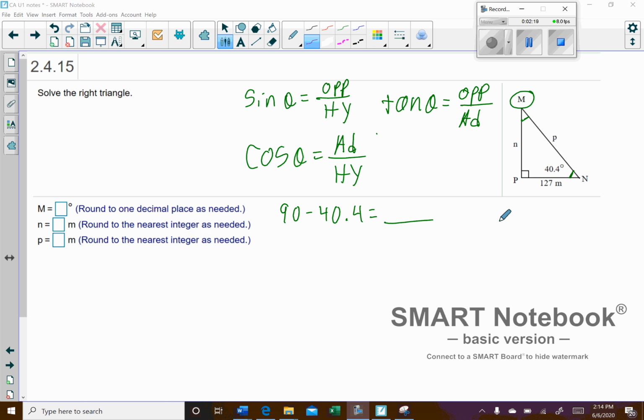We'll go ahead and do tangent of angle N. That ratio will be the opposite, which is side N, divided by the adjacent side, which would be 127 right there. Now I actually do know angle N, so I need to put that in there.